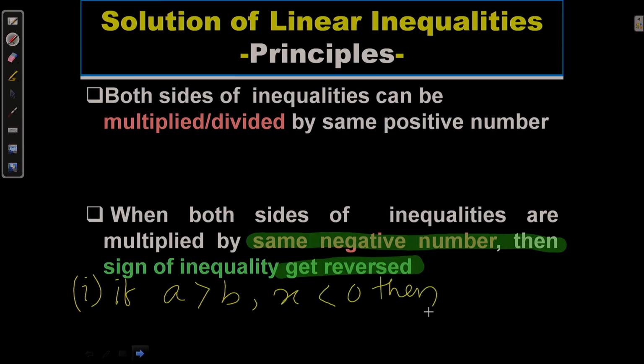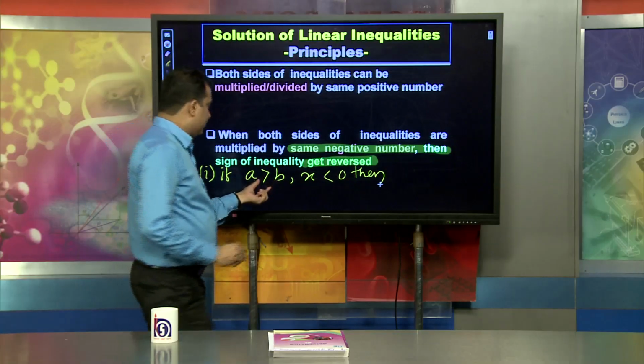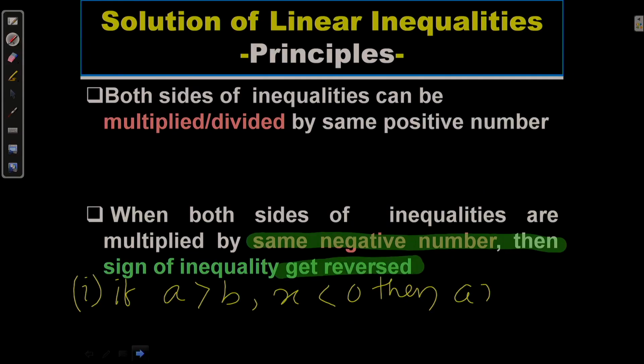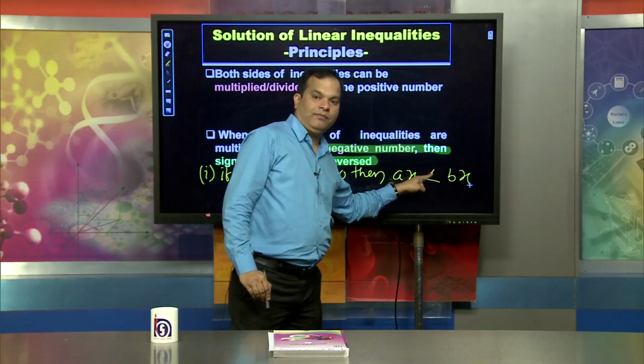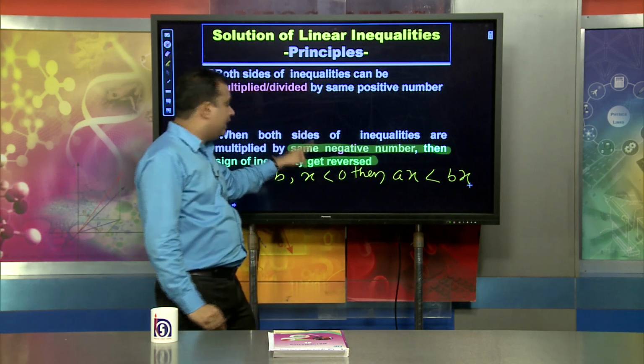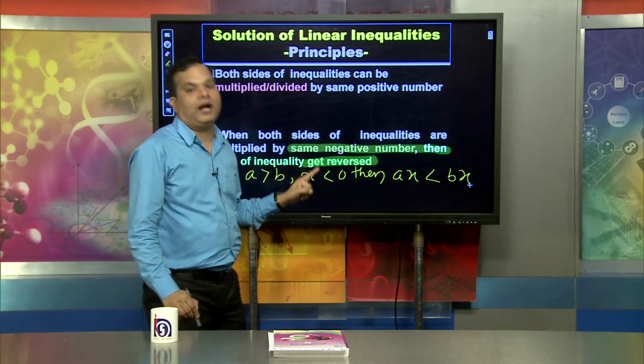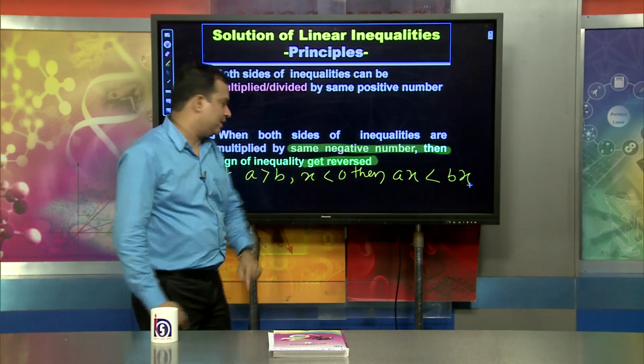Then Ax, which was greater than, becomes less than. When it was greater than, it becomes less than if the negative number is multiplied.